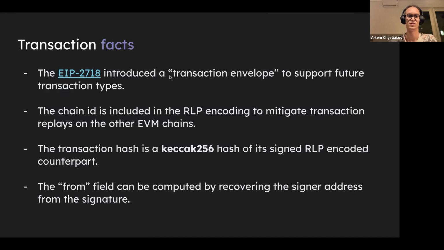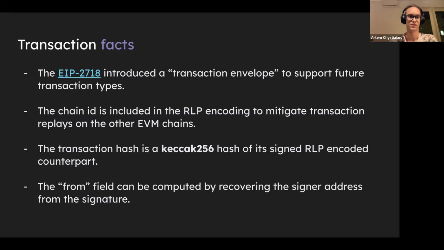Ethereum has to be 100% backwards compatible, so when they introduced the new fee scheme, they couldn't drop support of the previous fee scheme.